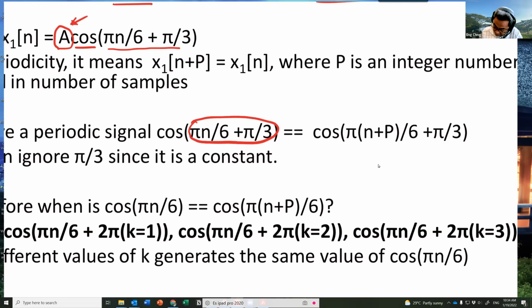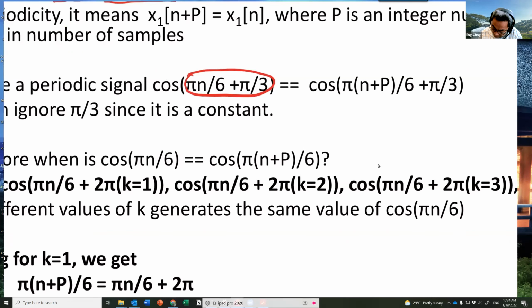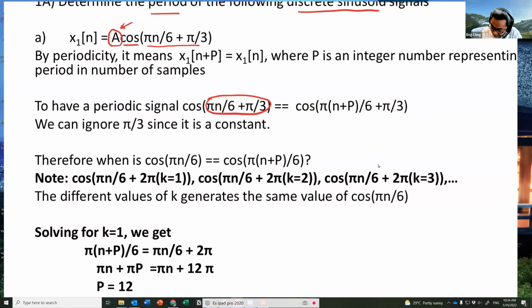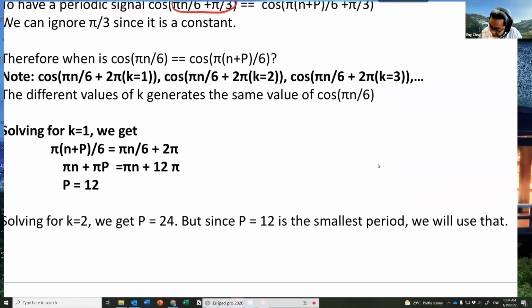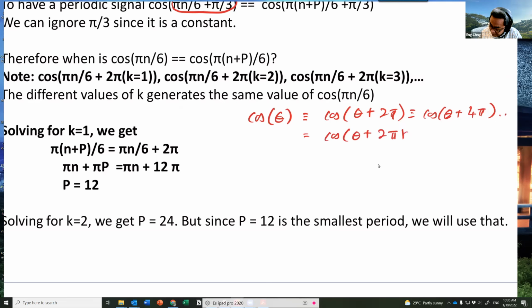So basically what we want to find is, when is cosine theta equal to cosine theta plus 2 pi, 4 pi, and so on and so forth. Equivalently, it is cosine of theta plus 2 pi times k, where k is an integer value.